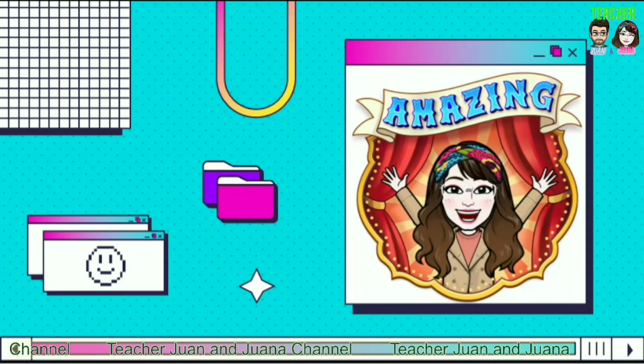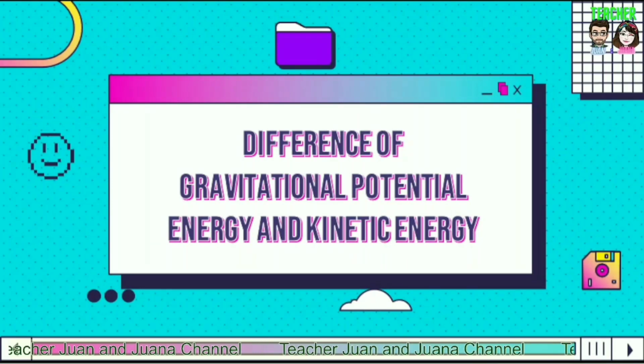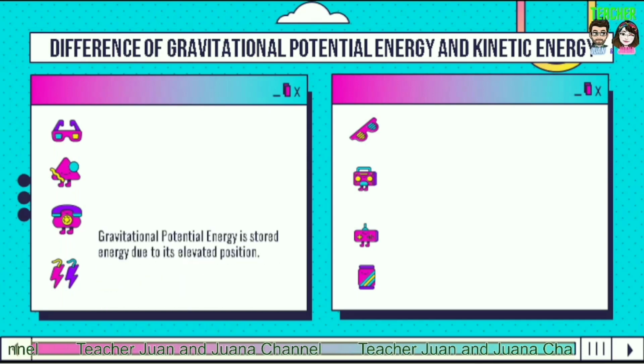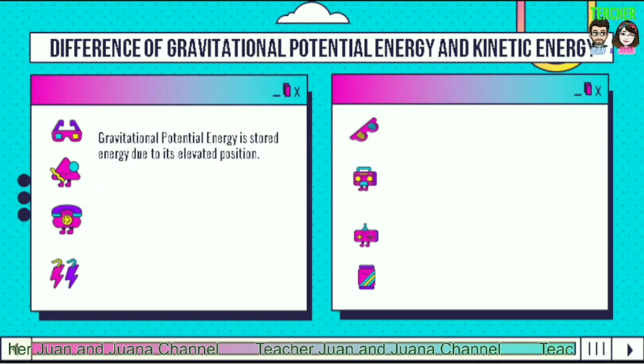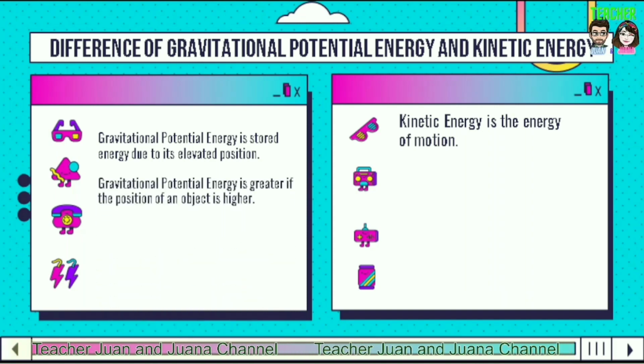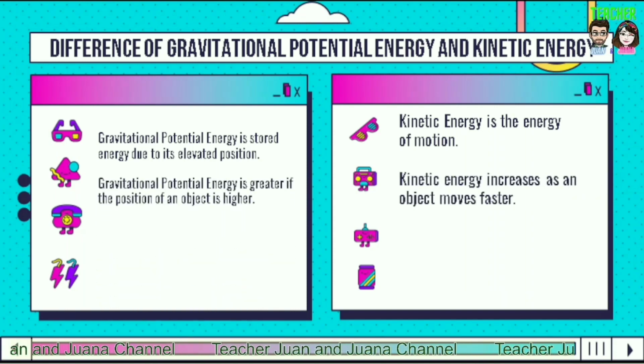You are amazing. Based on what we discussed, let us differentiate gravitational potential energy and kinetic energy. Gravitational potential energy is stored energy due to its elevated position, while kinetic energy is the energy of motion. Gravitational potential energy is greater if the position of an object is higher.